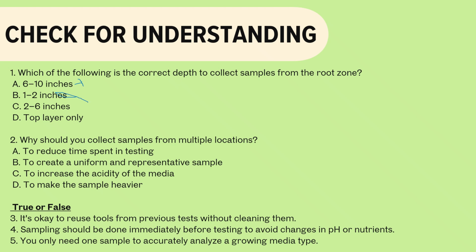What about 2 to 6? We'll think about it. What about the top layer only? The top layer is like thinking of maybe the first inch, right? So maybe not. Our correct answer is going to be C. So we're looking at 2 inches of collecting that sample.